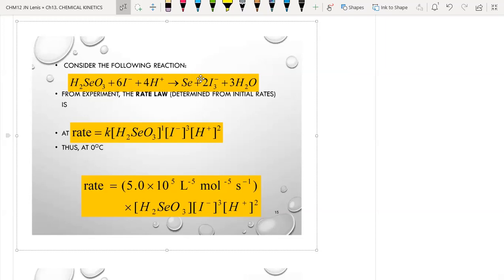So it says from experiment, the rate law for that reaction is: rate equals rate constant times the concentration of H2SeO3 to the first power, times the concentration of I minus to the third power, times the concentration of H plus to the second power.